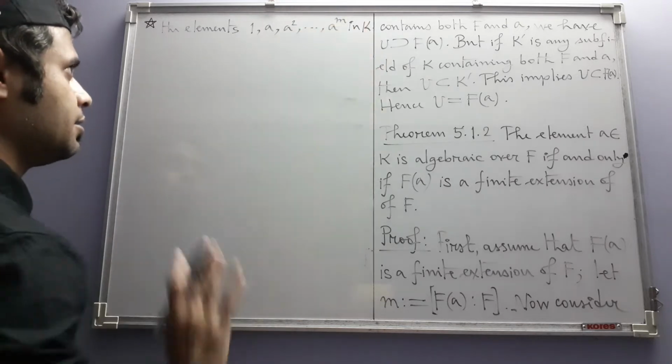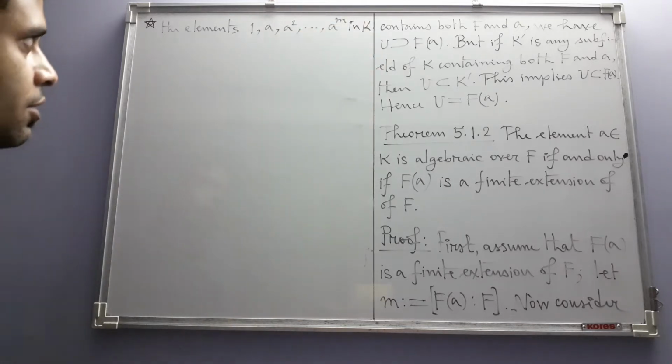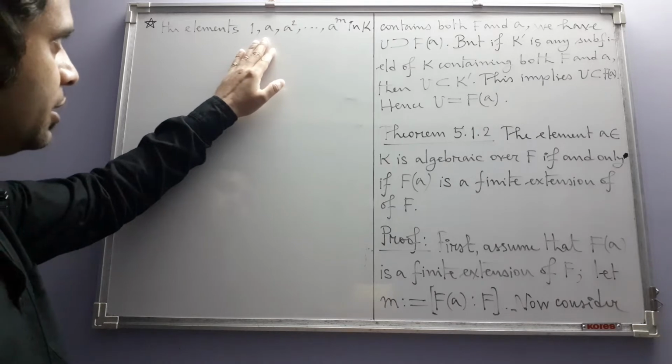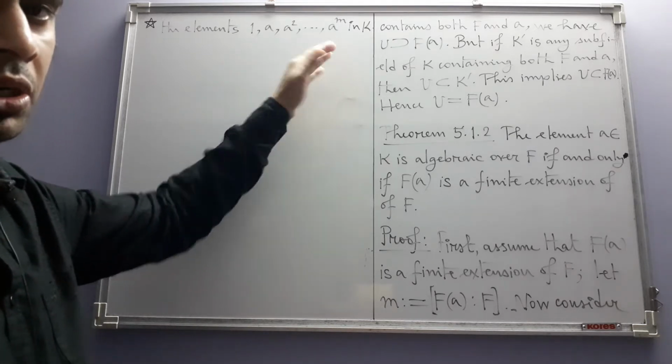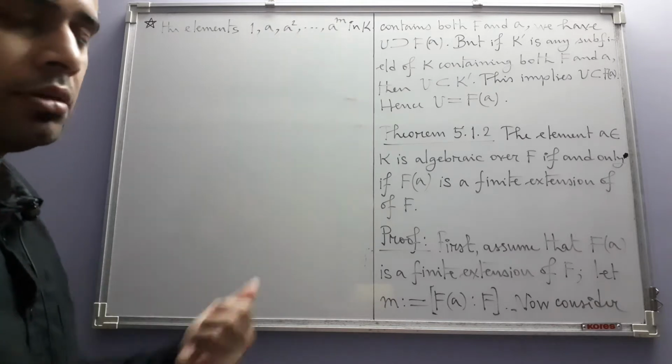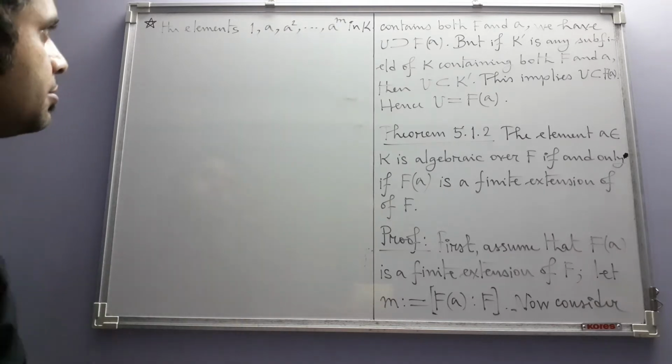So these are elements in K. Now we don't really know at this stage whether these elements are distinct or not. They may not be distinct. There may be repetitions in this list.